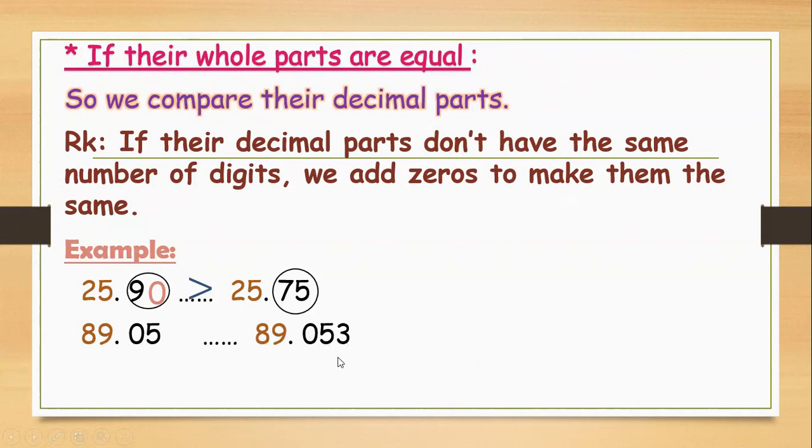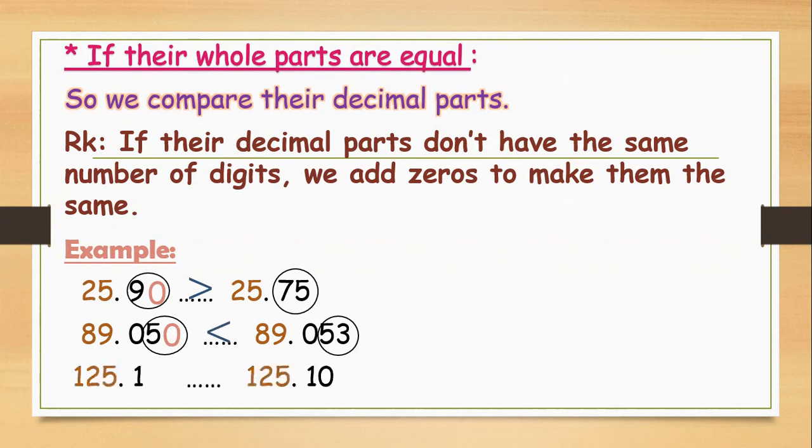They don't have the same number of digits, so we add zero to the first one to make them the same. And now we compare 50 and 53. 50 is smaller than 53, so the first number is smaller.